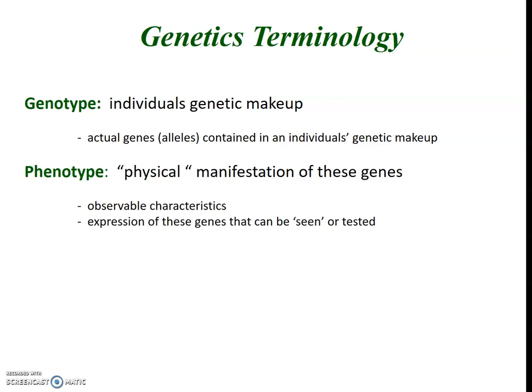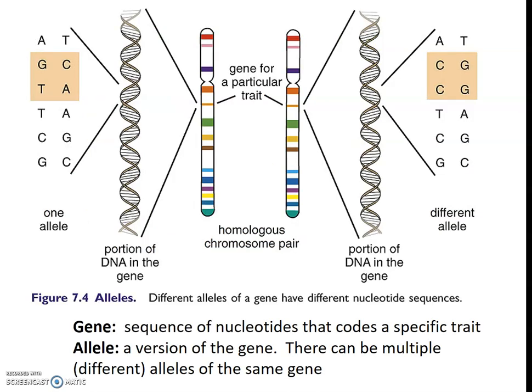However, what proteins are being expressed is going to vary, and those proteins being expressed are going to contribute to the overall function of a particular cell. Based upon protein expression, that will determine the phenotype, which is the physical manifestation of those genes. That's going to be what we're able to see and observe.